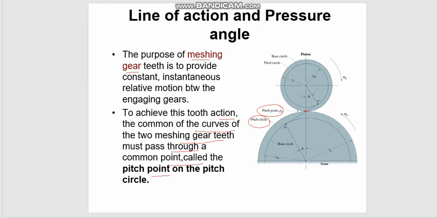So whenever we draw the two gear system, the simplified gear will look like a circle without teeth on it, right? And we assume that the contact point between the two gears is called the pitch point, right? And this is actually located on the pitch circle, and this is the pitch circle.